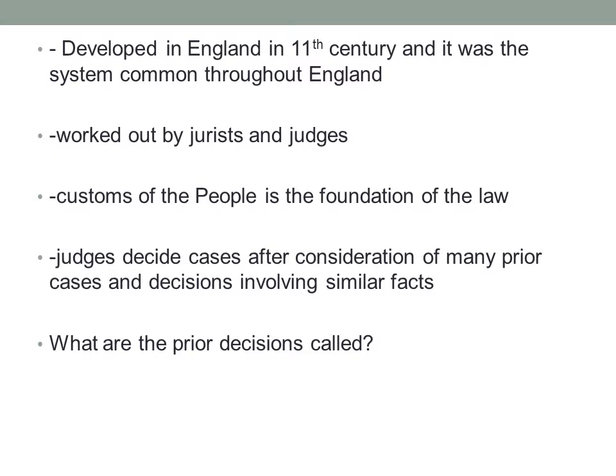We've adopted it, and I'll tell you where we're going to cross paths with it in this course. But it's worked out after consideration of other cases. It's judges and jurists, or lawyers, for another fancy word. Jurists is what they called them back then.